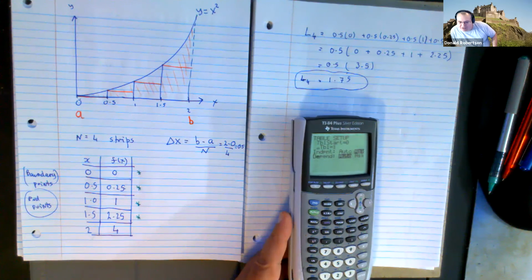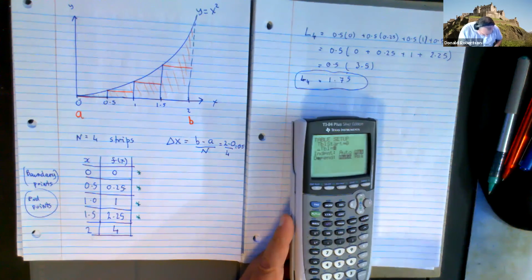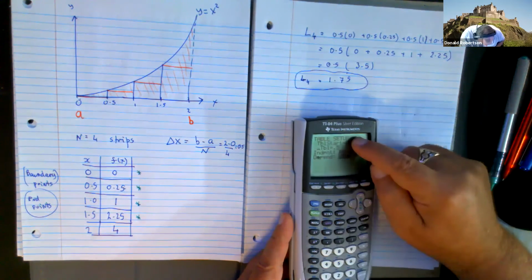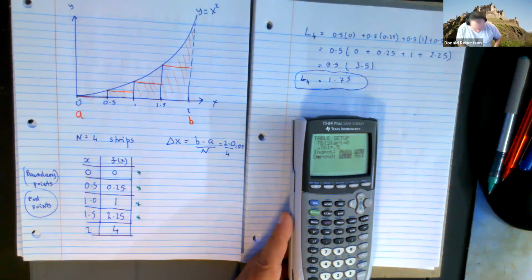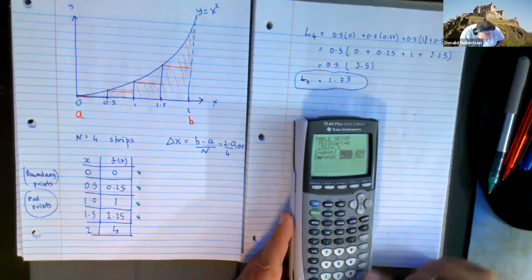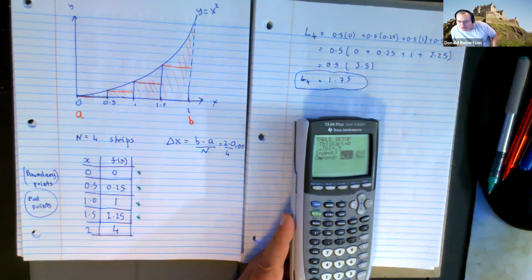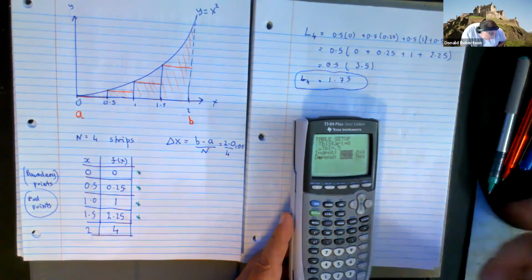What number is delta table? Or what decimal is it? 0.5. Do you see that that's basically the a and the delta x? Are we good with that? Now, make sure it's set up as auto and auto, and that's how you set up the table. Now you get the answer.